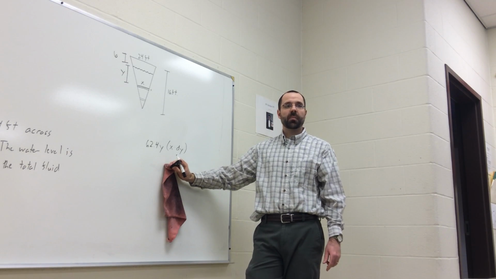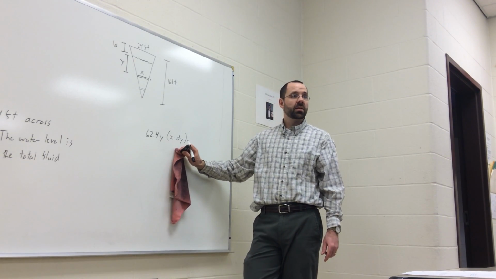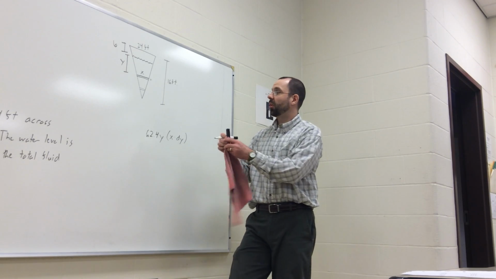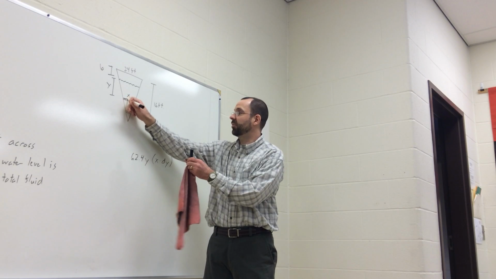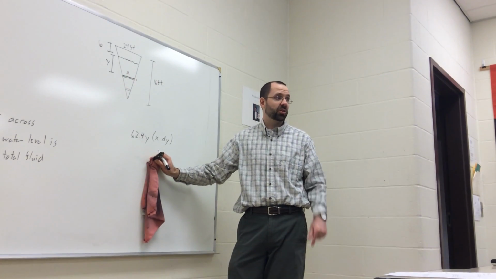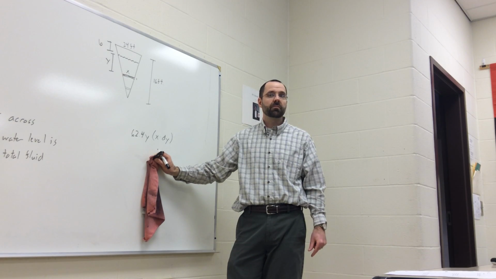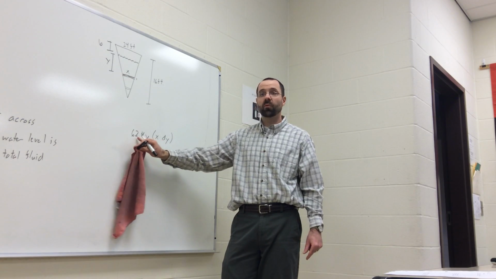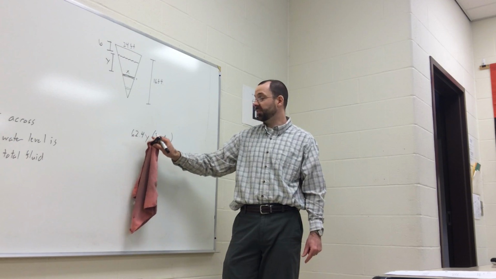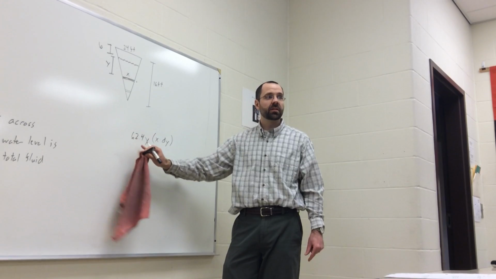So now here's what's happening. This formula gives me the amount of pounds of force on this rectangle here. Not on the whole dam yet, just on that little thin rectangular part of the dam. So I took 62.4 pounds per cubic foot, multiplied it by feet, so that gave me pounds per square foot.